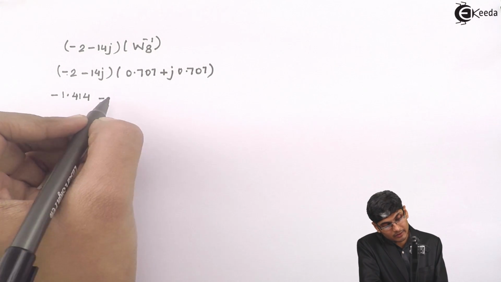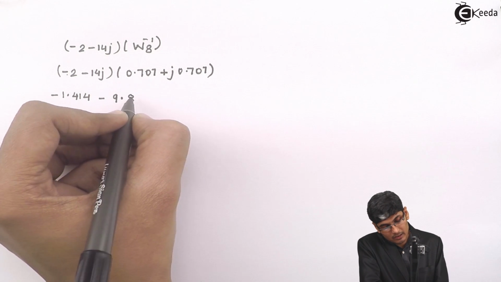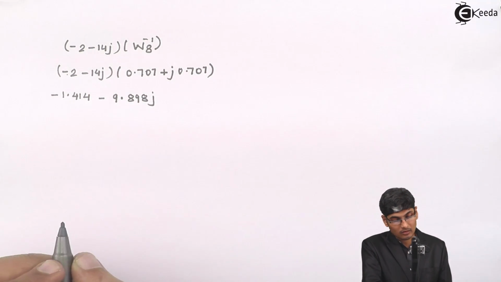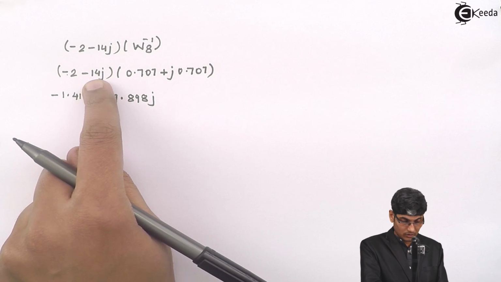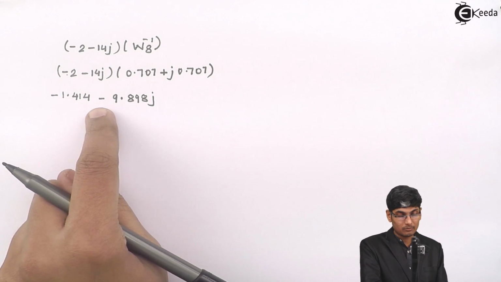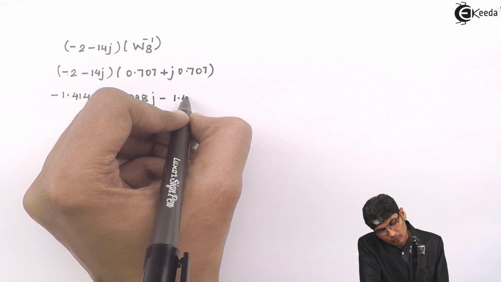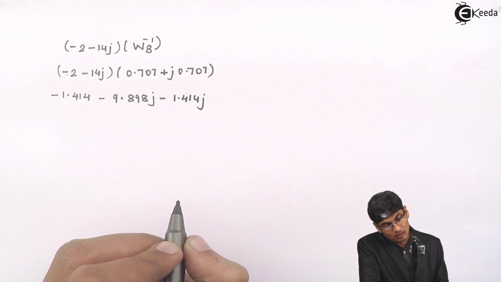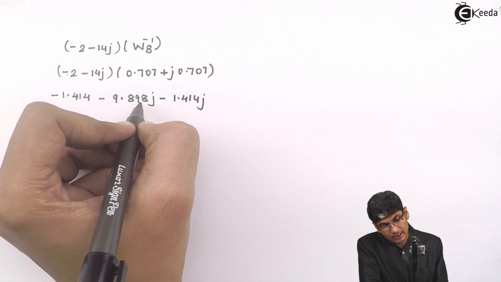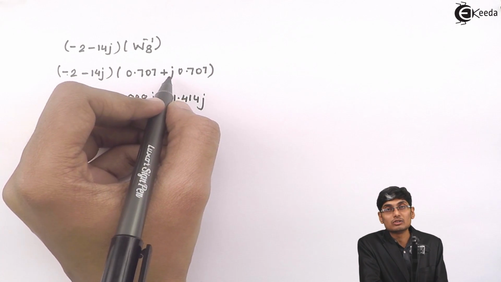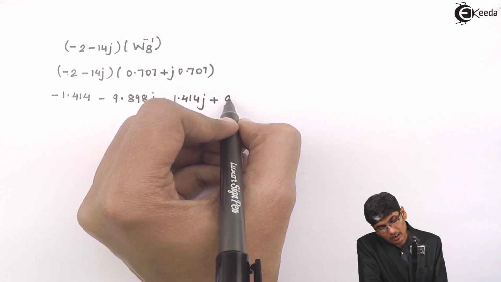This will give me minus 9.898j. Okay, this 0.707 multiplied by 14j with a minus sign, so I should keep the minus sign. Then I have again minus 1.414j, okay, and then I have minus of 9.898, but there is j square over here, so j square will become minus of minus, give me plus, so that will give me 9.898.